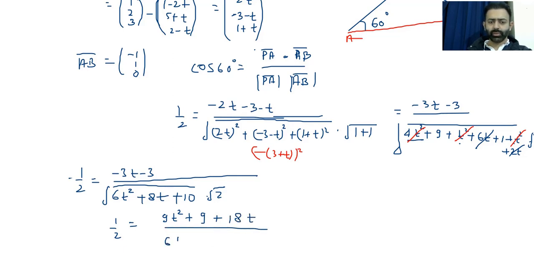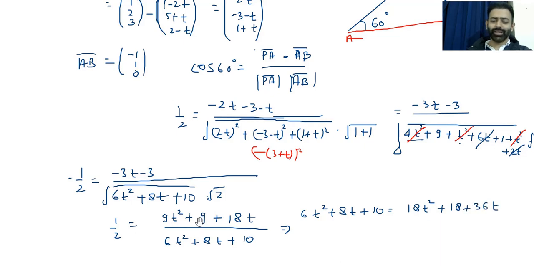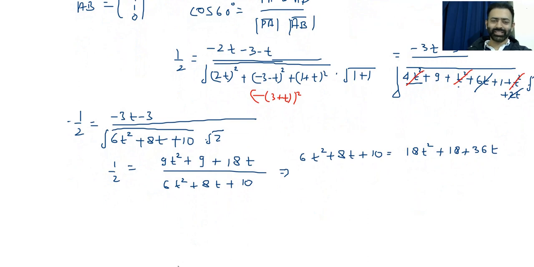Cross multiplication gives 6t square plus 8t plus 10 equals 18t square plus 18 plus 36t. I am not sure I will get the right answer, but the essence of the method is important.